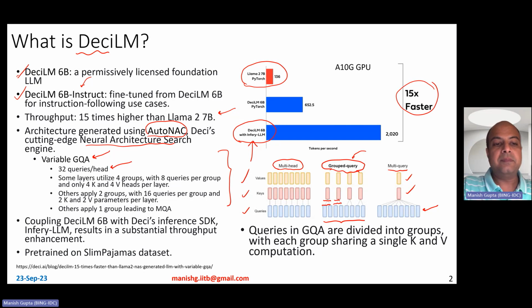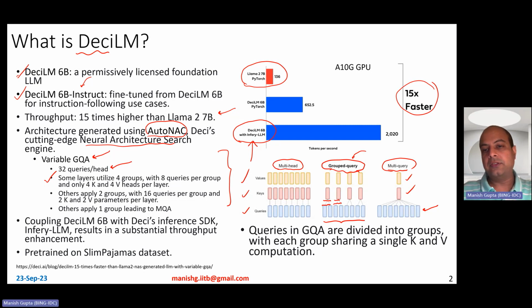However, some layers utilize four groups with 8 queries per group and only 4 key and 4 value heads per layer. Other layers apply 2 groups, so you'll have 16 queries per group, and 2 key and 2 value heads per layer. While some of them could just use one group and therefore have a multi-query attention setup.